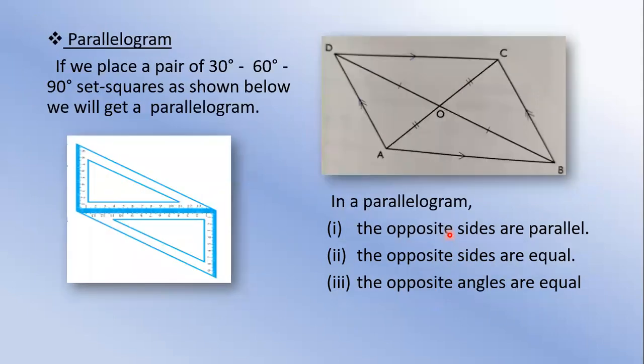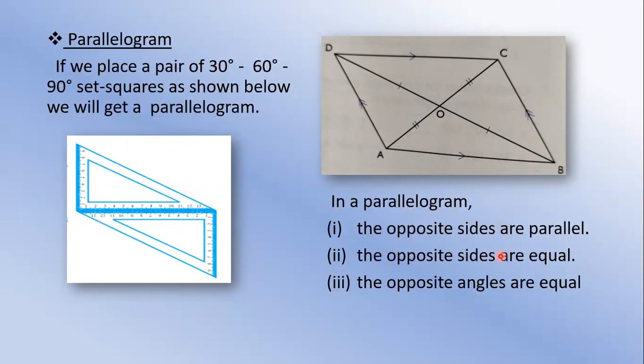Now we will consider the next quadrilateral, that is a parallelogram. If we place a pair of 30 degree, 60 degree, 90 degree set squares as shown here, we will get a parallelogram. And this is the figure I have drawn. In a parallelogram, the opposite sides are parallel, as in the case of a rectangle. Opposite sides are equal.